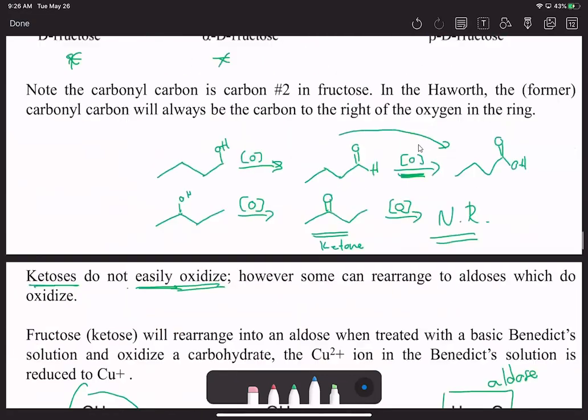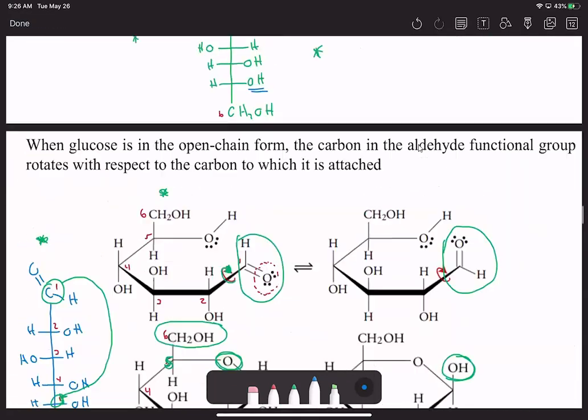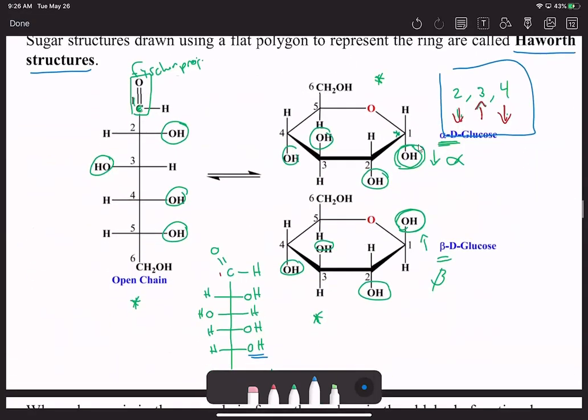Let me backtrack a little bit here. So we see two different types of structures here. If we see a structure that has 6 sides, carbon number 1 is always going to be to the right of that oxygen. That's carbon number 1.